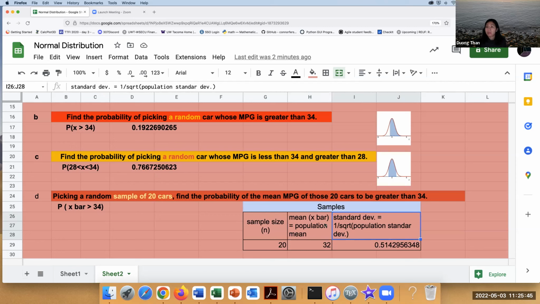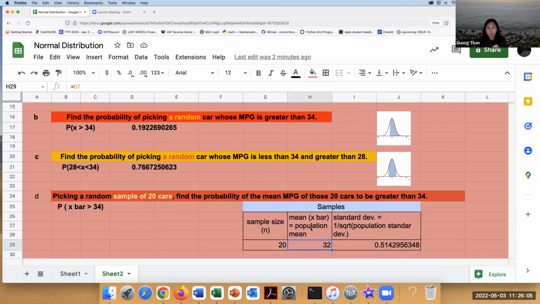So then we can have a table for the sample size of 20. And the mean is about 32, the same as the mean of the population. And the standard deviation is about 0.51, because I take the standard deviation of the population divided by the square root of the sample size.